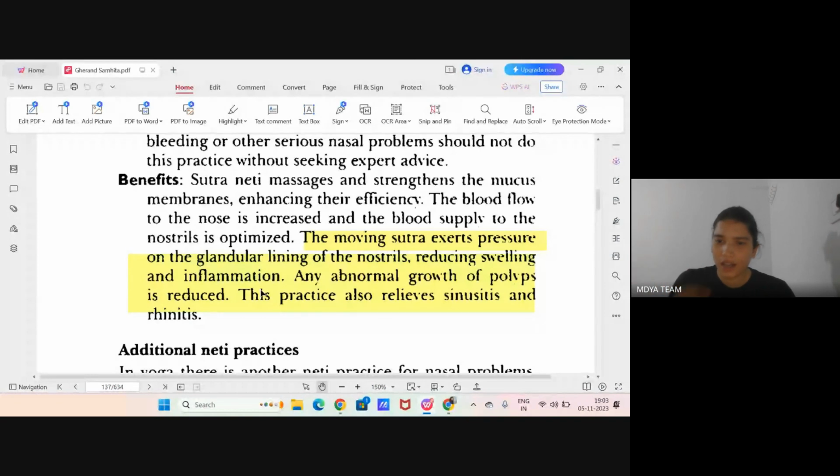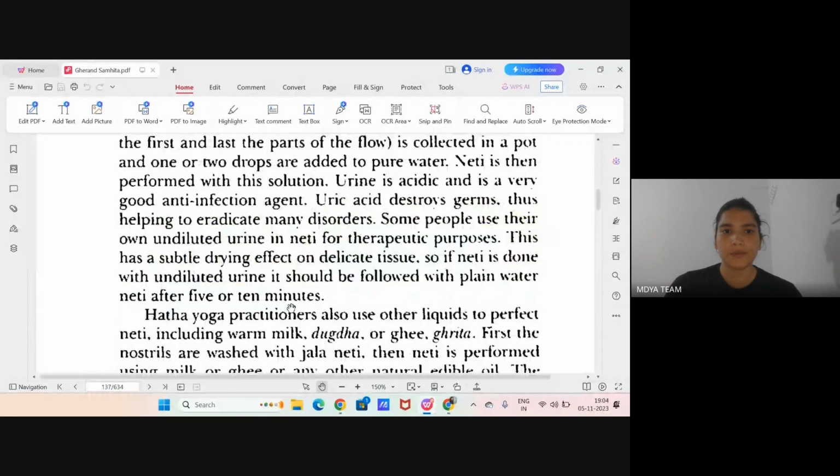If you read here and directly go, sometimes it can make things worse. Nowadays there are various research articles available on Google Scholar and PubMed, you can go and explore that. Neti is showing good results in ENT care.